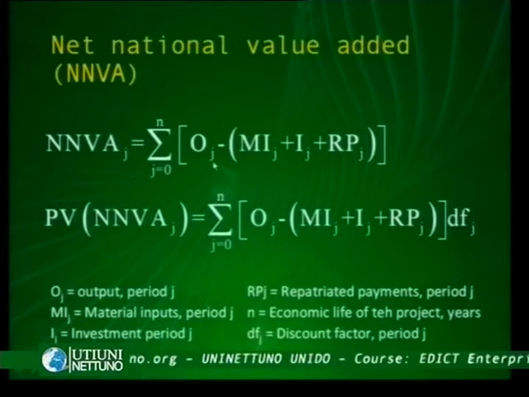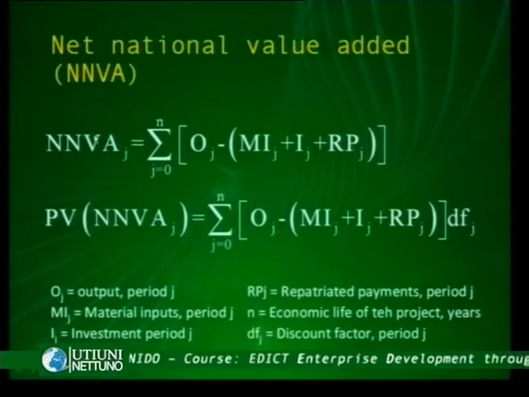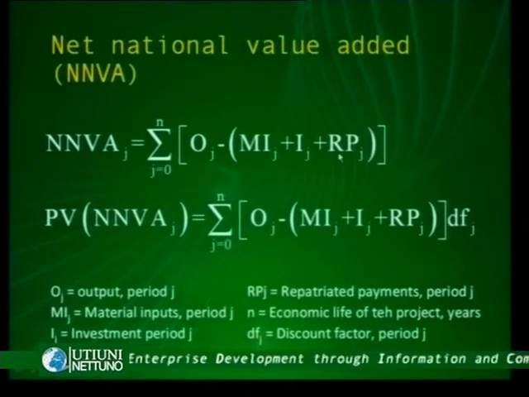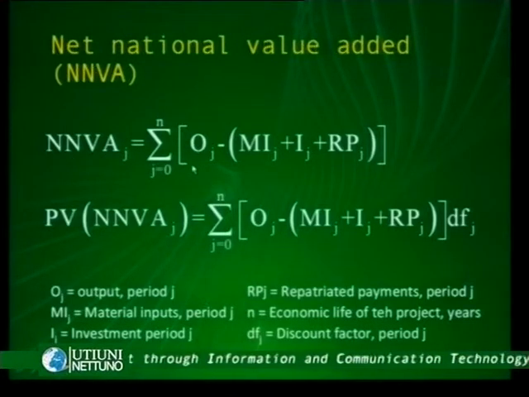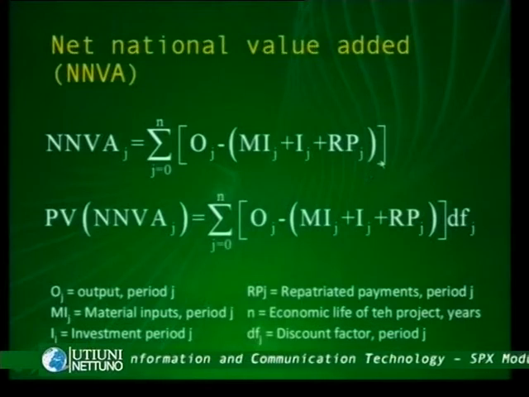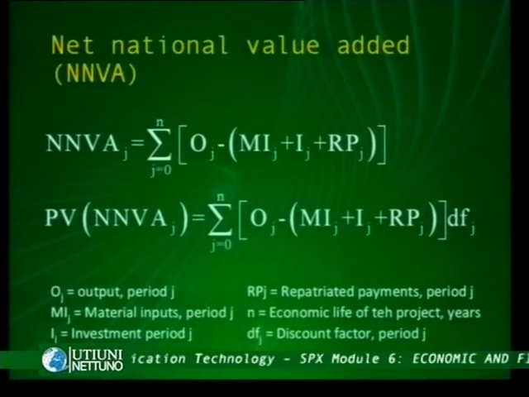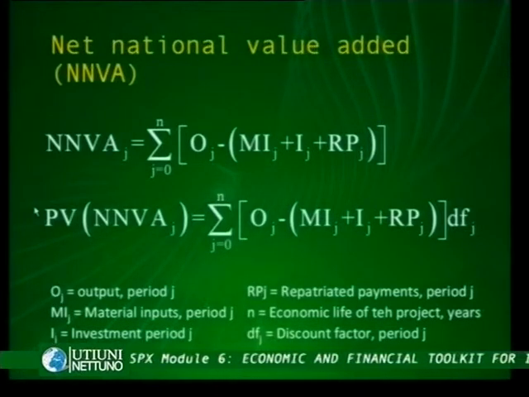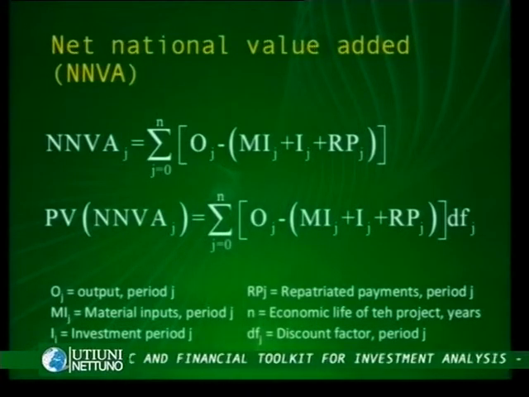So in these two expressions, as we'll see in a moment, you find the calculation of the nominal net national value added of a project and the present value of the net national value added of a project. But the expression that you find here in the parentheses is equal for the two expressions, and is basically the net national value added that has been calculated for each period J of the n periods of the life of the project.